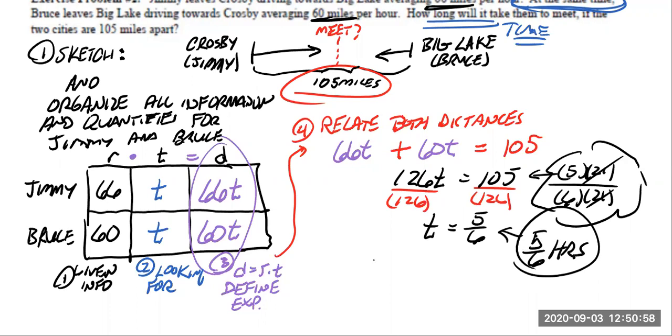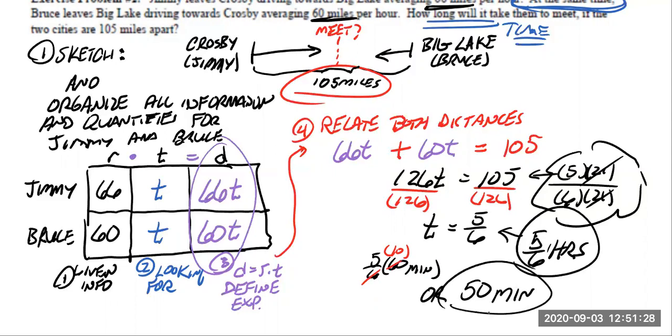So if I take 5/6 and multiply by 60 minutes, right, 1 hour is the same as 60 minutes. So if I multiply these, then the 6 cancels with the 60 leaving a 10. So this would be the same as 50 minutes.